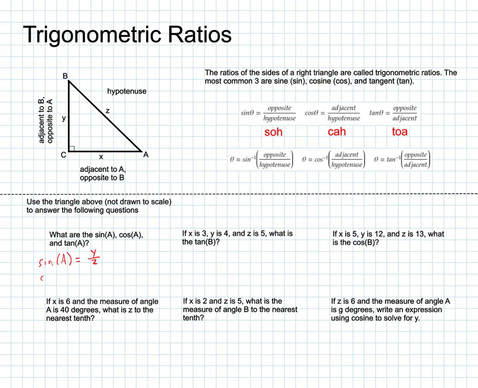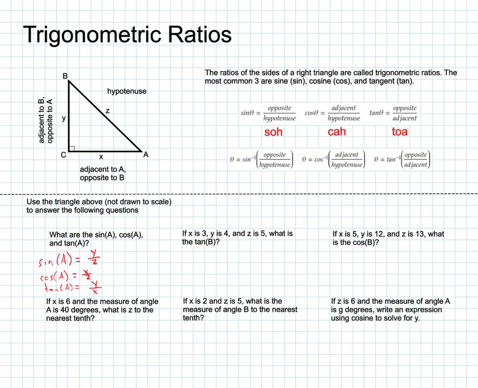The cosine of A, if we remember the CAH in SOHCAHTOA, is going to be adjacent over hypotenuse, so that's going to be x over z. And then the tangent of A, or TOA, is going to be opposite over adjacent. So opposite is y, and adjacent is x. So the tangent of A is y over x.